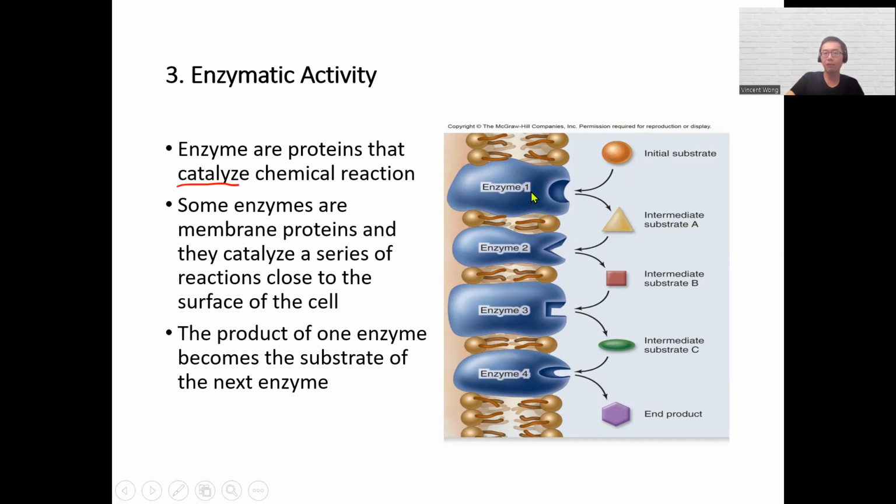So when you finish the first reaction, you can immediately put it in the next enzyme, and carry out the reactions rapidly, one after the other. This increases efficiency and the speed of the reaction so that you can get the end product much quicker.